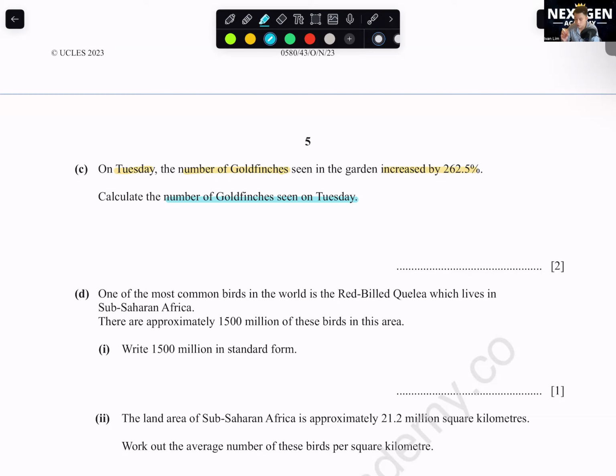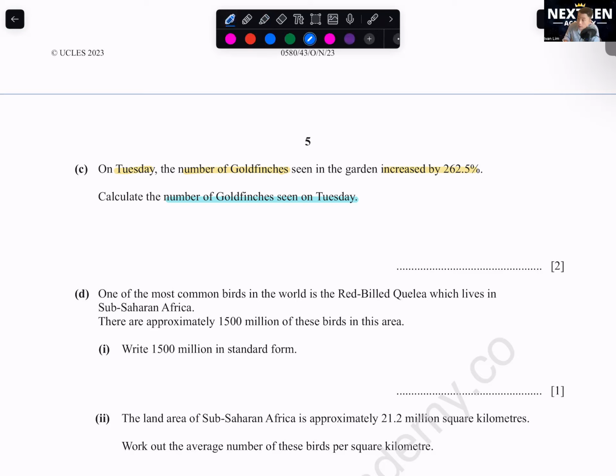The language over here, you need to be very careful. Now it's 100%? No. 362.5%. Make sense or not? Before that is 100%. Now increased by 262.5%, now it is 362.5%. So this language here, you need to take note very carefully.